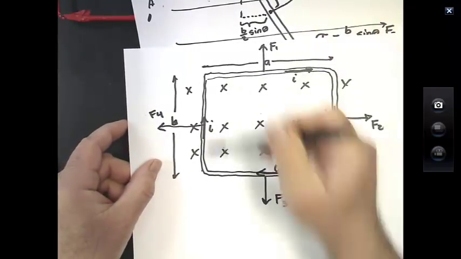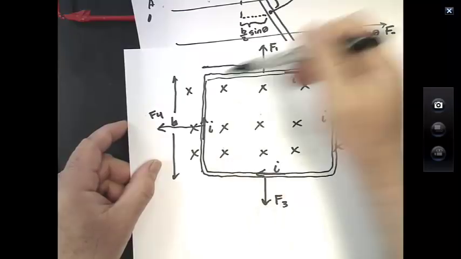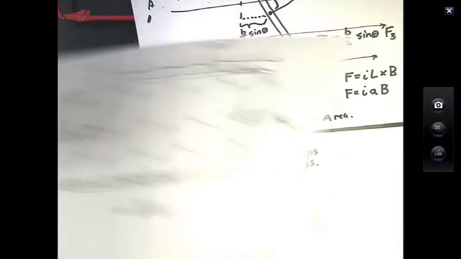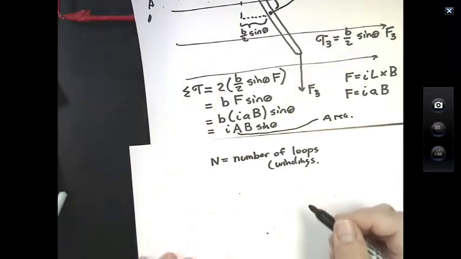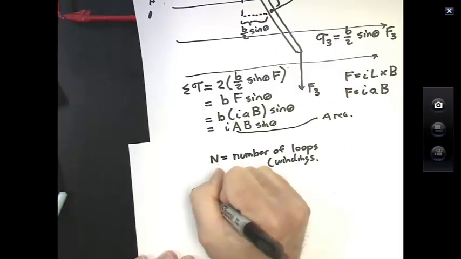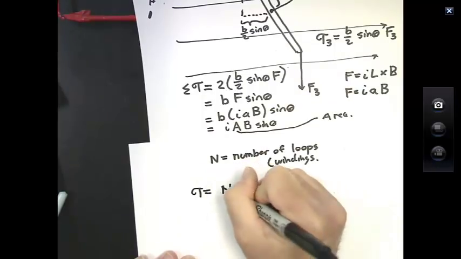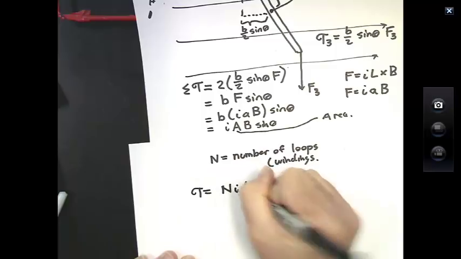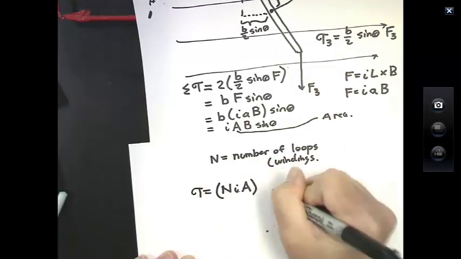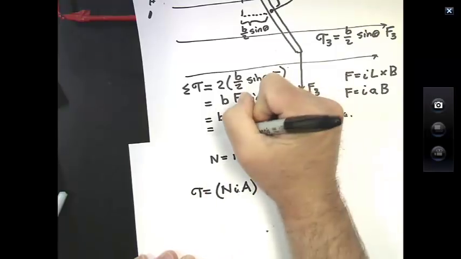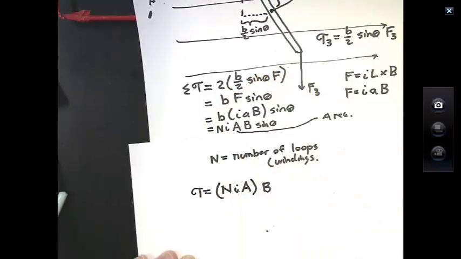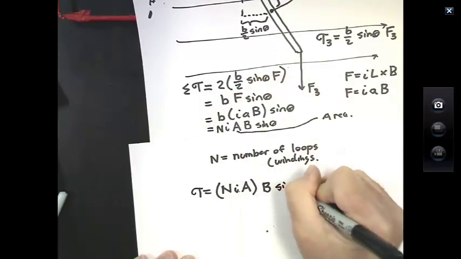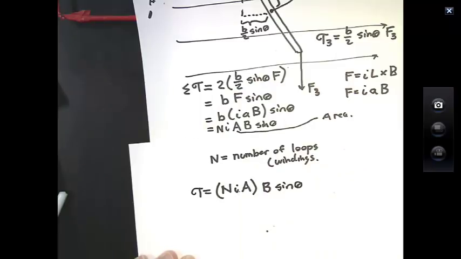We could loop many, many, many wires around and increase the amount of force. So the torque now is going to be N times I times A times the B field. Okay, all I did was stick an N in here, times the sine of theta.